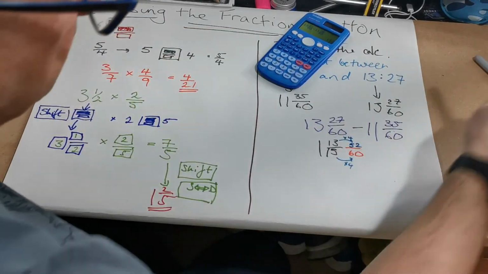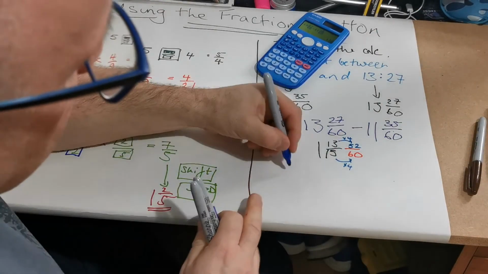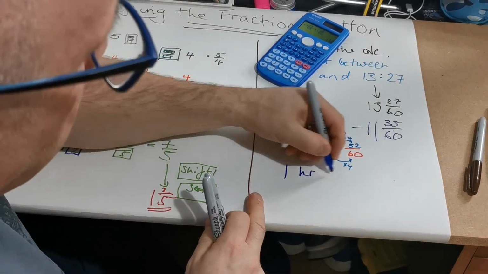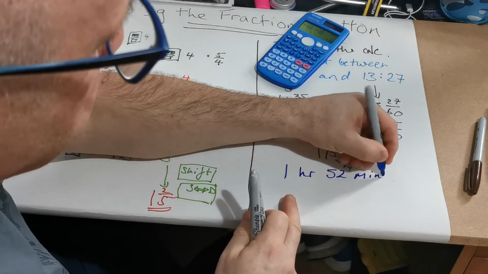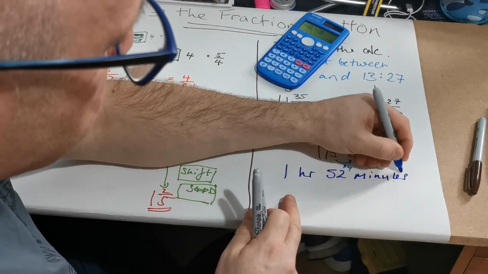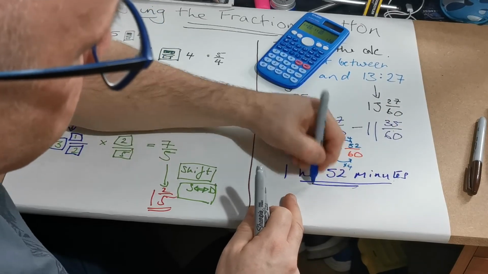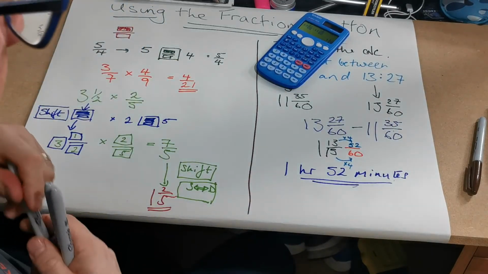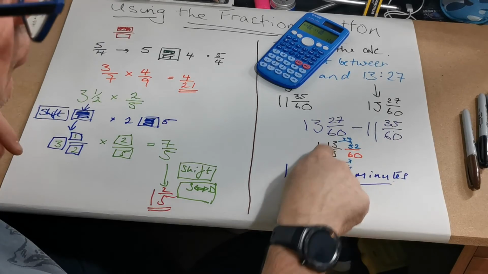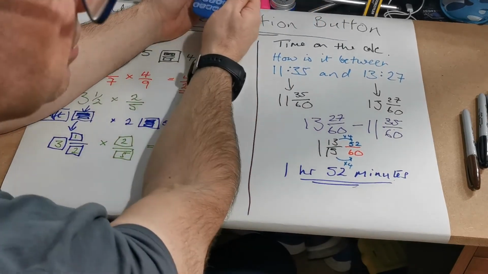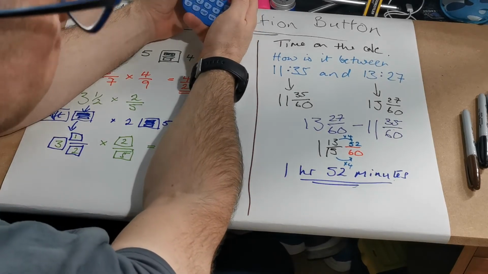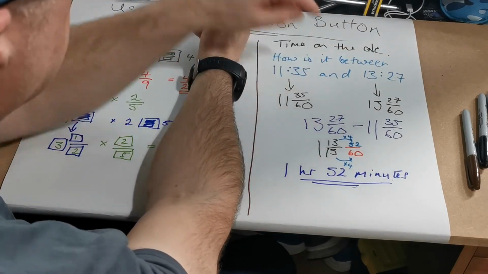So my answer overall is 1 hour and 52 minutes. Now, that may have dropped out a little bit harder than I intended it to, but it's something that you should consider thinking about using a calculator.